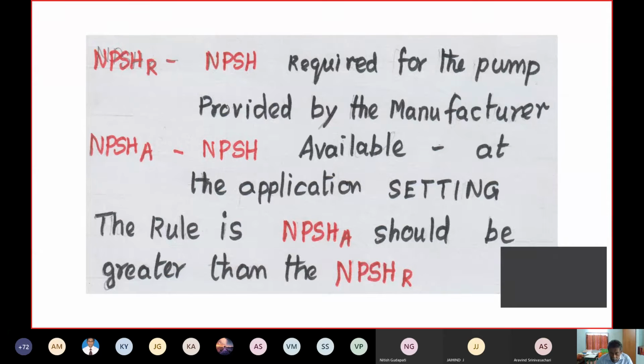The rule is NPSH available should be greater than the NPSH required for the smooth operation of the pump. So there are two NPSHs: one is NPSH required for the pump provided by the manufacturer, and the next one is the NPSH available, the one available at the application setting where the pump is really kept for its duty.